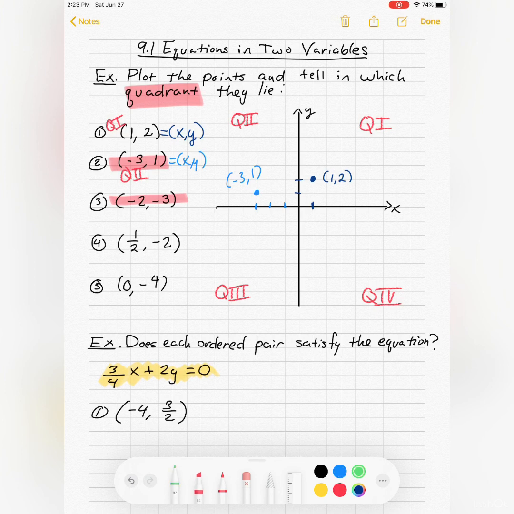Number 3. The x is -2. The y is -3. Left 2 and down 3. And that guy lies in quadrant 3.